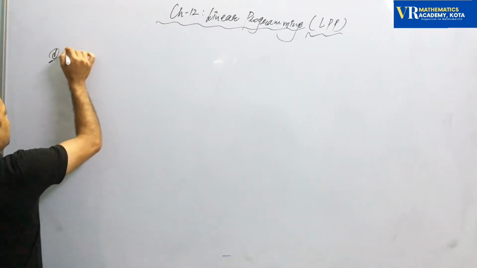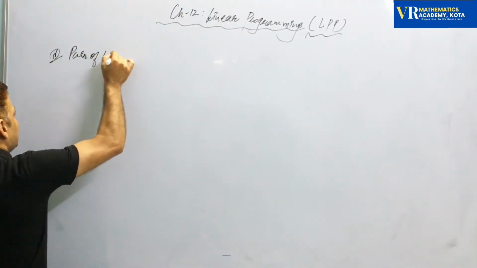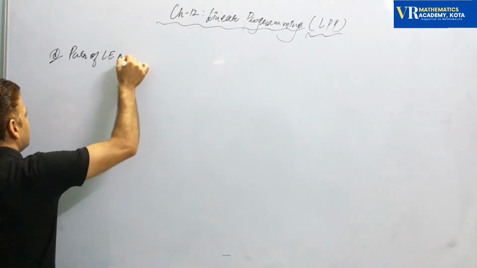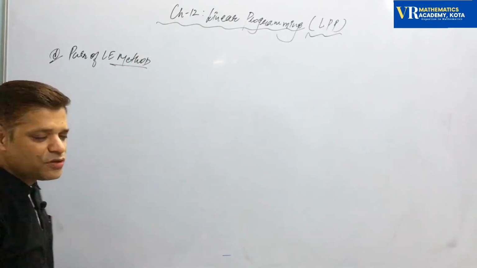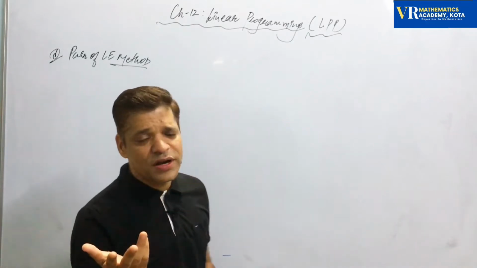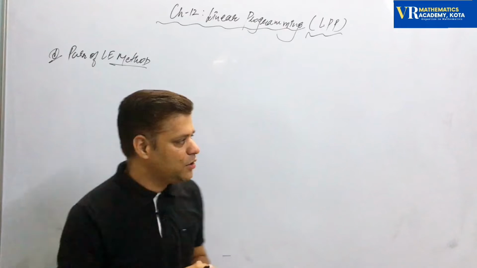The first one is the pair of linear equations, and which method we use to solve it. Here you already studied the elimination, substitution and cross multiplication methods.